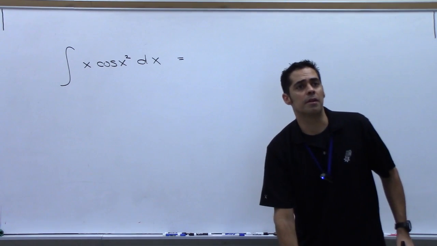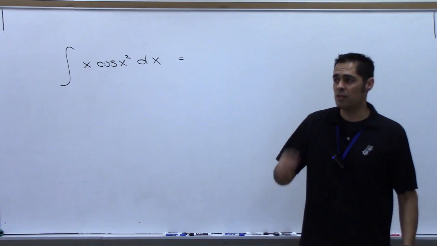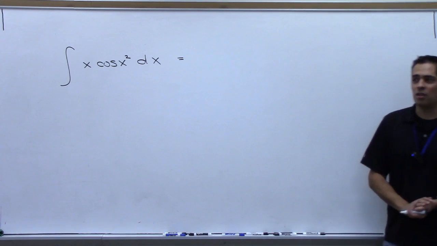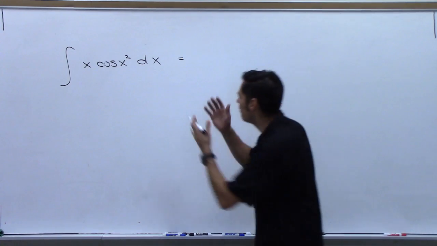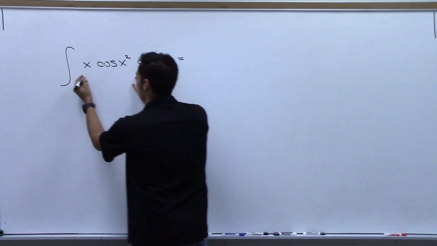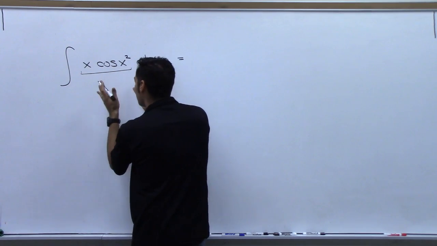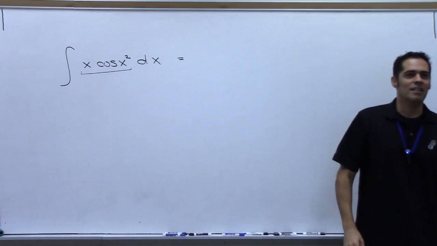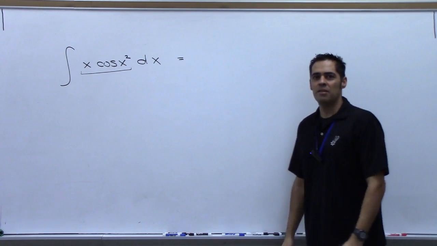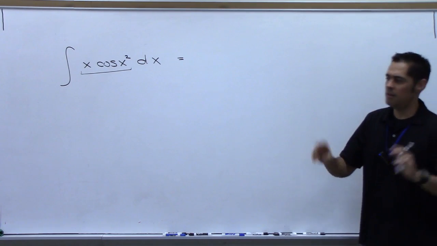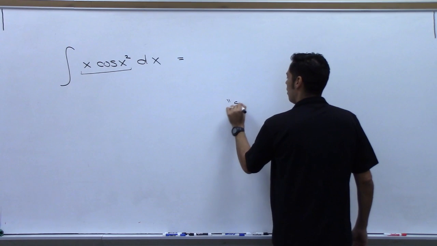I'll just show you on the board here. Here's the way it works as a general strategy. What we're going to do is look at the integral. Now you're going to try and find two things.